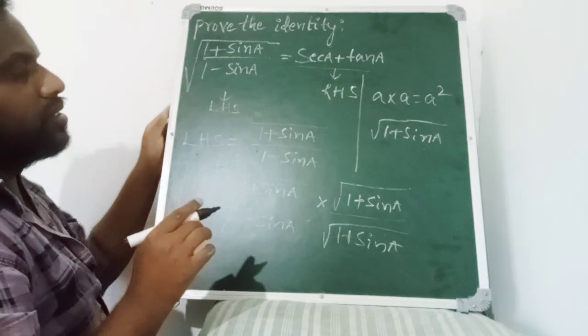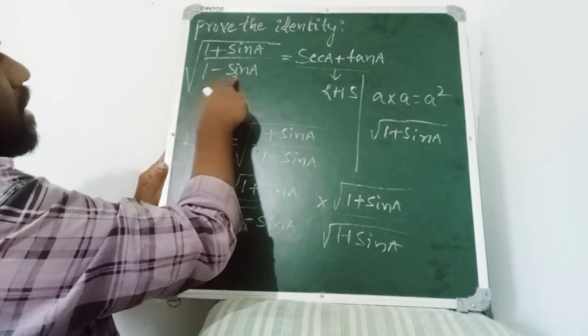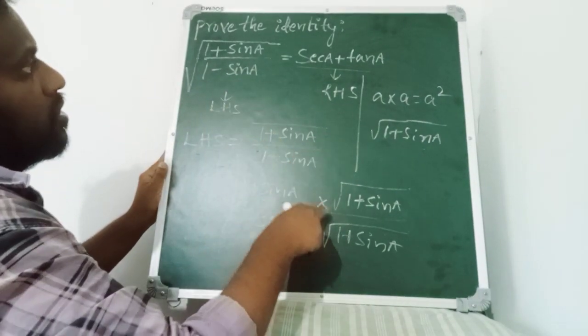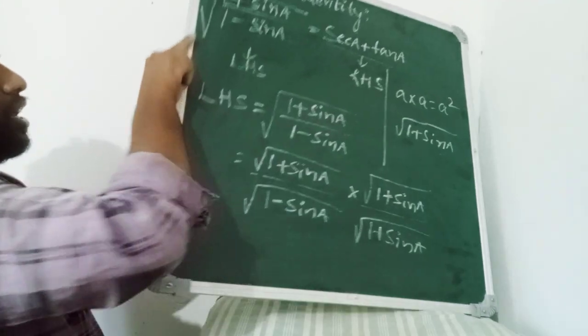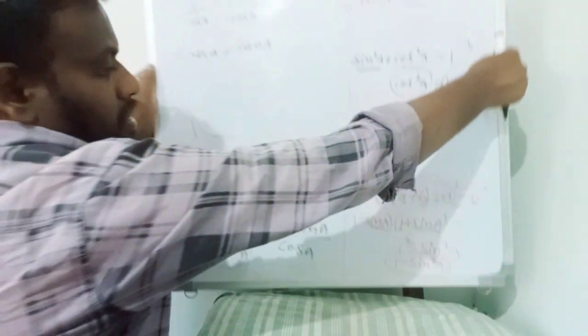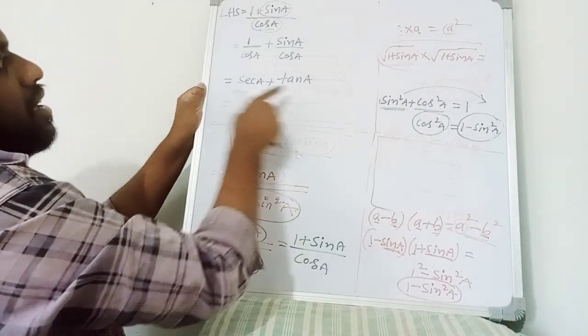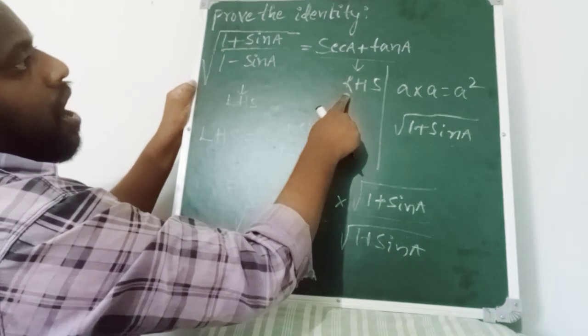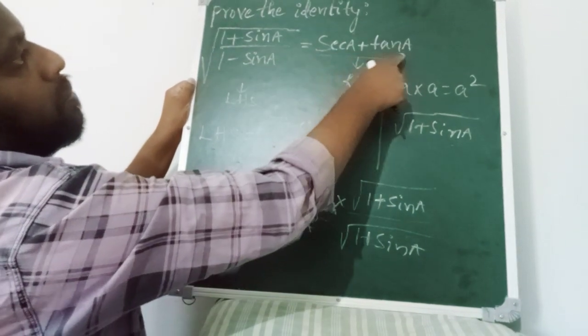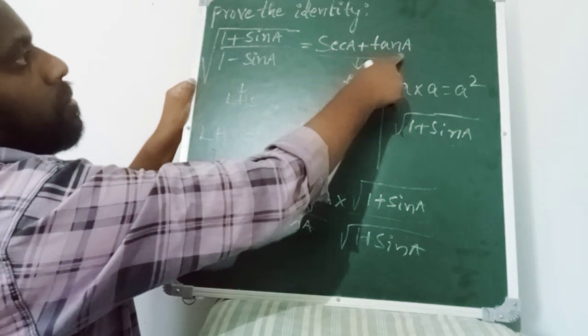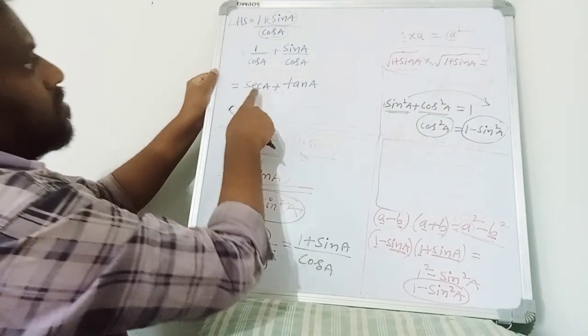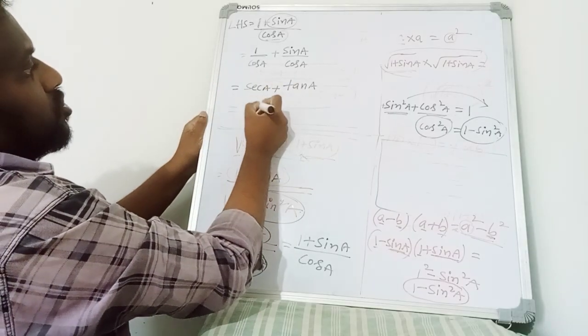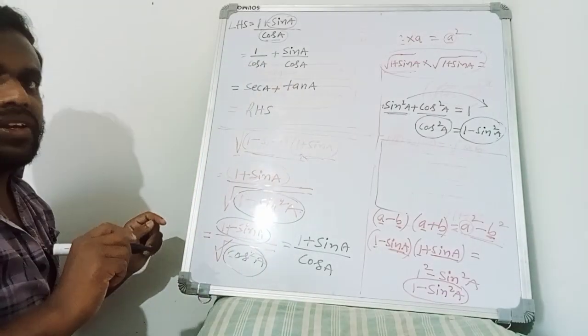See the question here. We have taken this LHS and simplified, and we finally got secant A plus tan A. You can see that RHS is equal to secant A plus tan A. So secant A plus tan A is RHS. You got it?